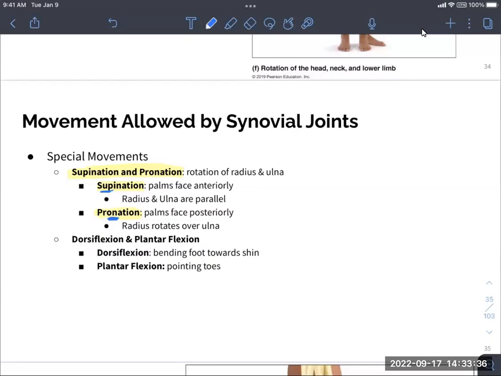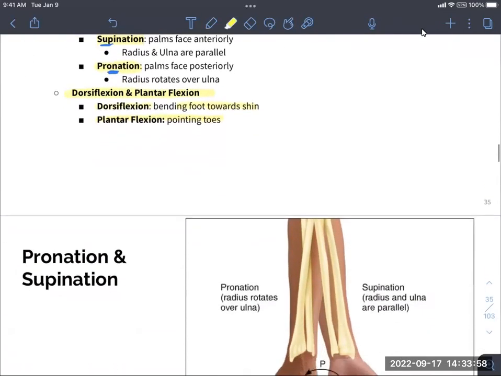When we're talking about our feet, we have dorsiflexion and plantar flexion. Dorsiflexion is when you flex your foot up, your toes going towards your shin. But plantar flexion is if you point your toes down towards the floor.